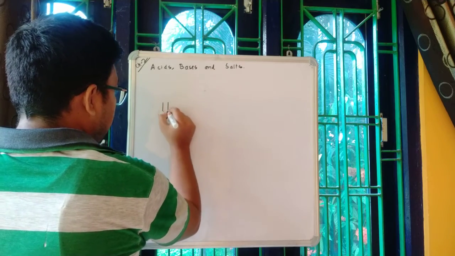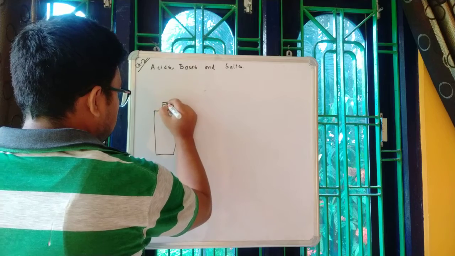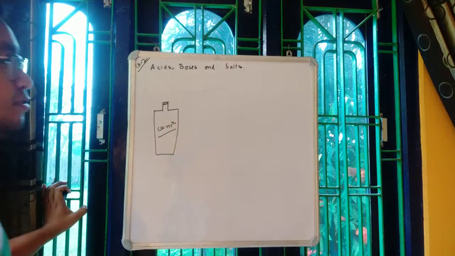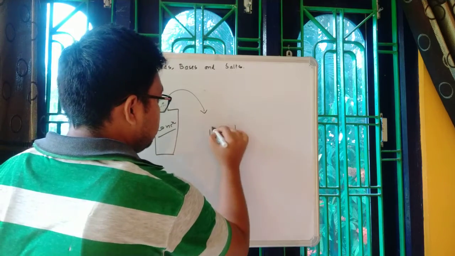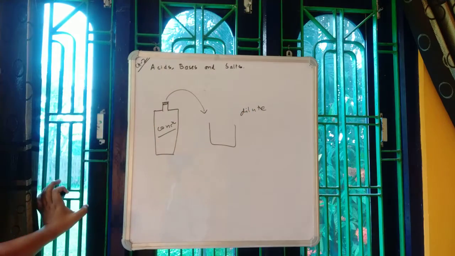So say for example, I have a bottle here, and in this bottle we have concentrated acid, and from this concentrated solution we need to make a dilute one. Dilute one means where the concentration of the acid is less.